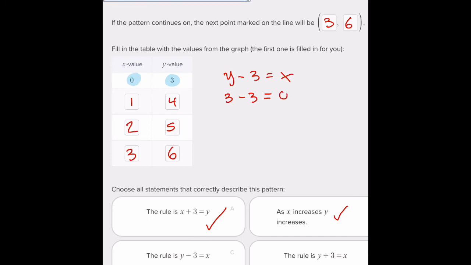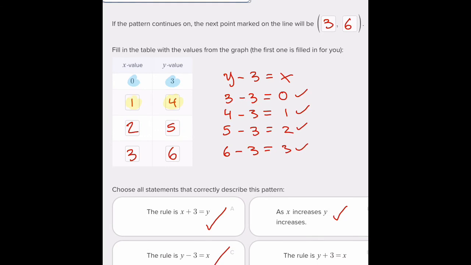Well, 3 minus 3 equals 0 is true. We'll try it again. If my y value is 4 and I subtract 3 from it, will it equal 1? 4 minus 3 equals 1. The same is true for the last two. 5 minus 3 is 2, and 6 minus 3 is 3. This rule is also correct.